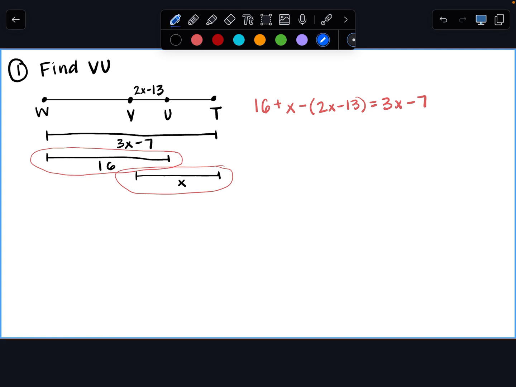So you're going to have to distribute the negative 1. So this becomes 16 plus x minus 2x plus 13 equals 3x minus 7. And then combine like terms on the left. This will be negative 1x plus 29.